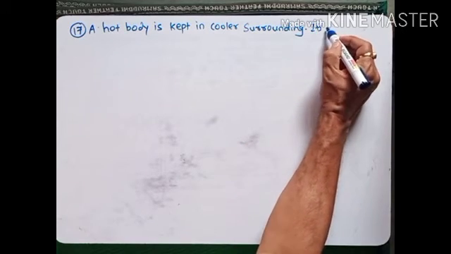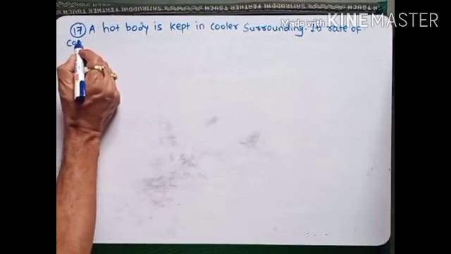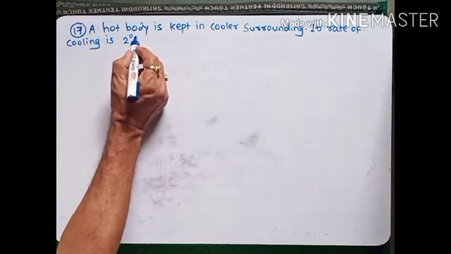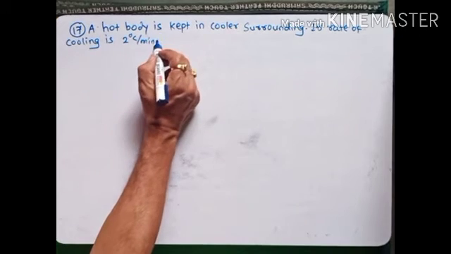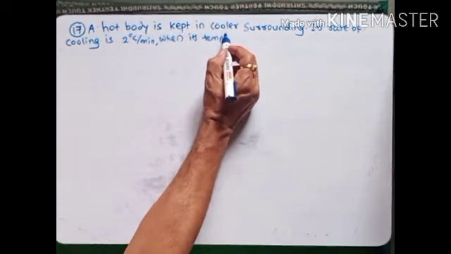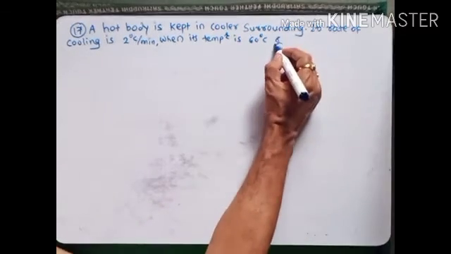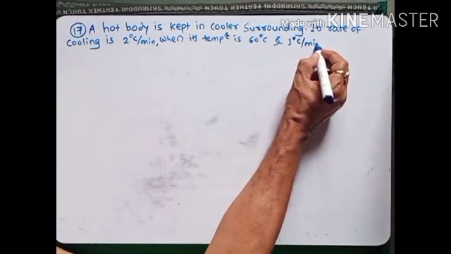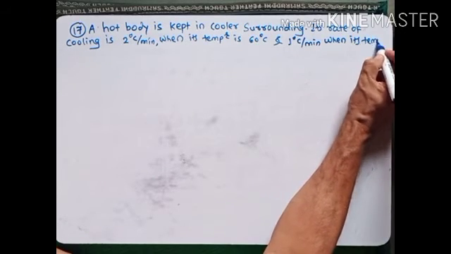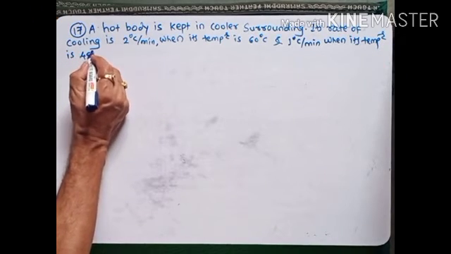Its rate of cooling is 2 degrees centigrade per minute when its temperature is 60 degrees centigrade, and 1 degree centigrade per minute when its temperature is 45 degrees centigrade.